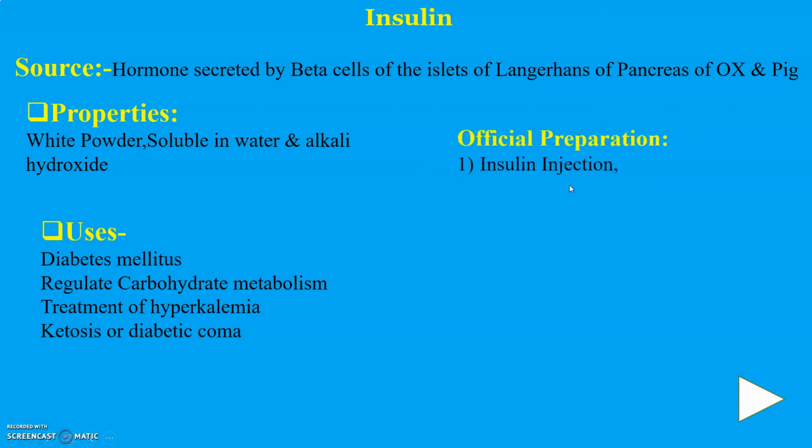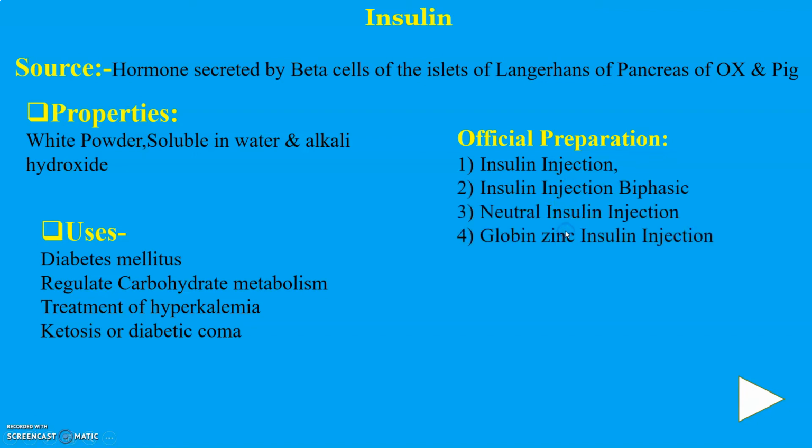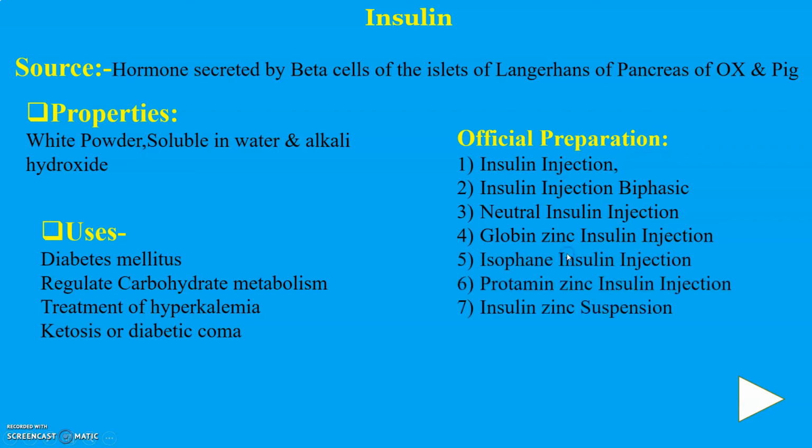What are the official preparations? Injection, biphasic injection, neutral injection, globin zinc injection. These are the different official preparations. In exams, frequently asked questions are: what is the source, uses and official preparation of insulin? So I hope you got the answer after discussing this point.